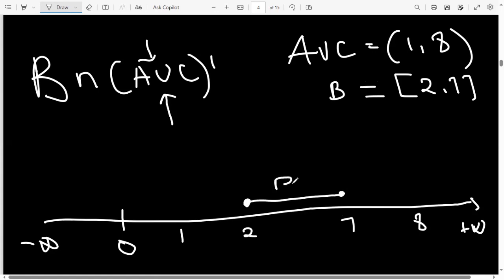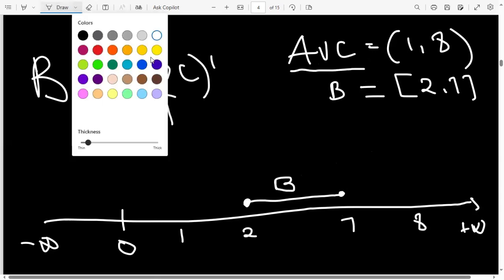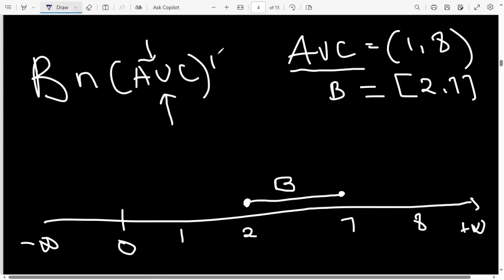That is our set B. First let's plot A union C, starting at 1 and going all the way to 8.